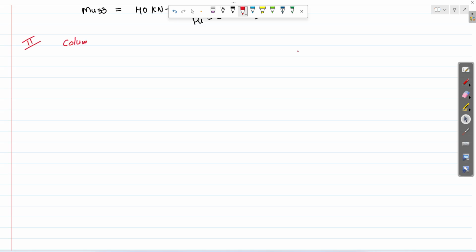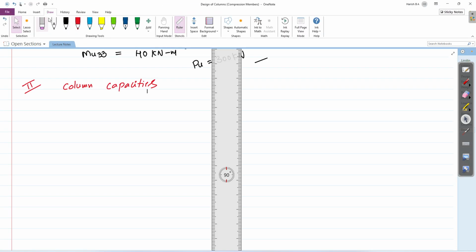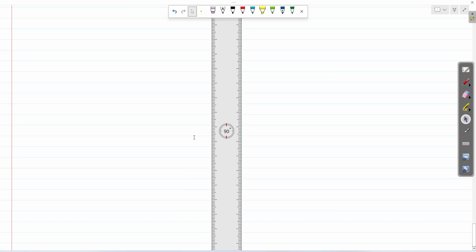column capacities. So column capacities.